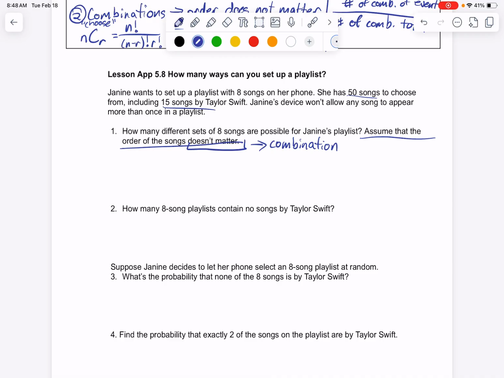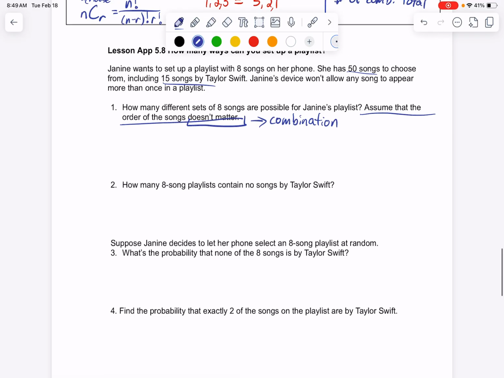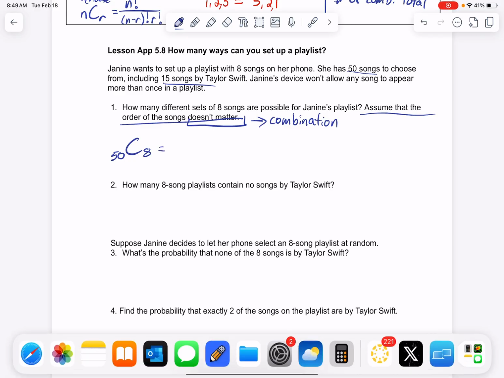You're pressing shuffle anyway, so it's not going to matter. So for this, use a combination, and we have 50 songs to choose from in total, right? Because we're not caring if it's by Taylor Swift yet. And then we have 8 different songs that we are putting in the playlist. So 50 choose 8.